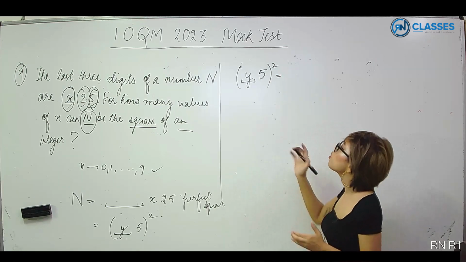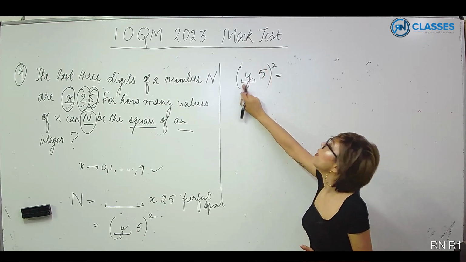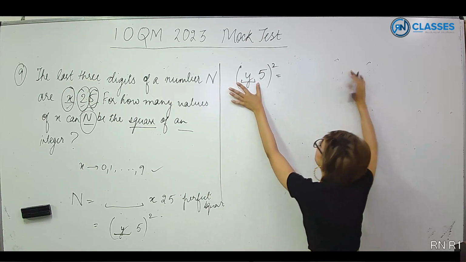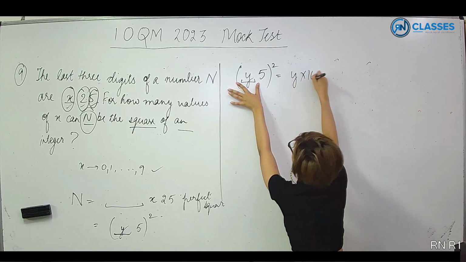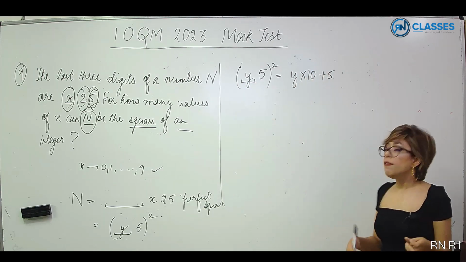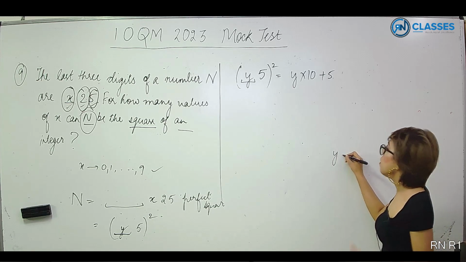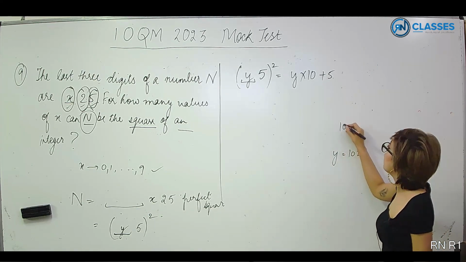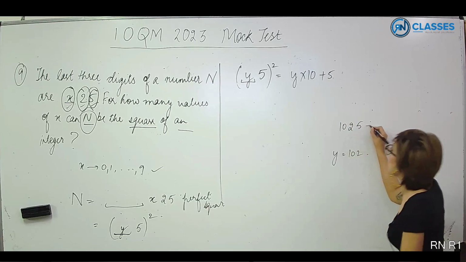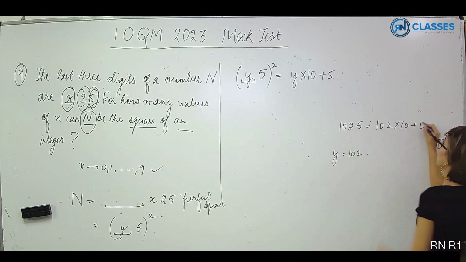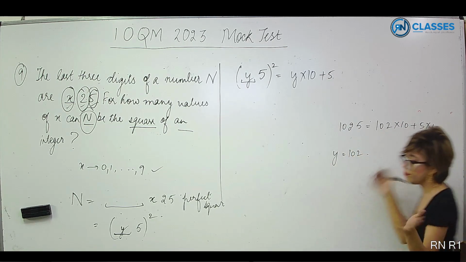Right? Now if I want to square this up, first of all what I'll do is I'll write the expanded form. Now expanded form, this number, the entire number y into 10 plus 5. I hope you understand that. If you are not able to understand that, just imagine y to be 102. Right? So my number is 1025. So I can write this number as 102 into 10 plus 5 into 1 if you want to write it.